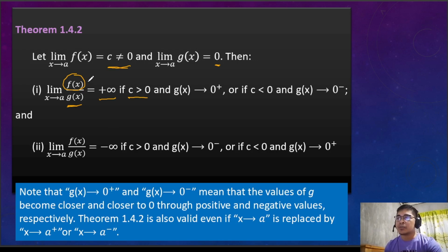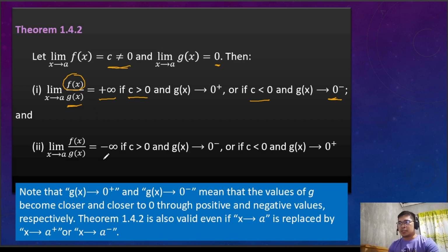Greater than 0 ang atong c, the constant. Tapos, ang atong denominator is g of x as it approaches 0 from the right side. Or pwede po siya positive infinity if our constant is less than 0. Tapos our g of x approaches 0 from the left. So that could be for positive infinity.